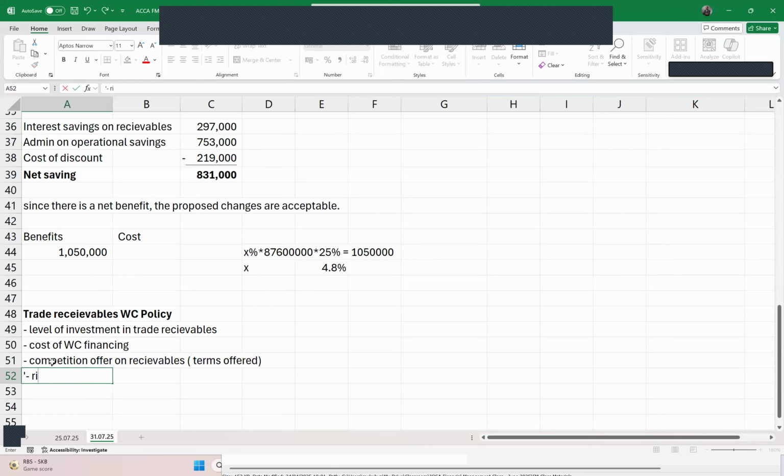That will also dictate the risk tolerance. Receivables have bad debts attached to them, whereby some people don't pay back your money.